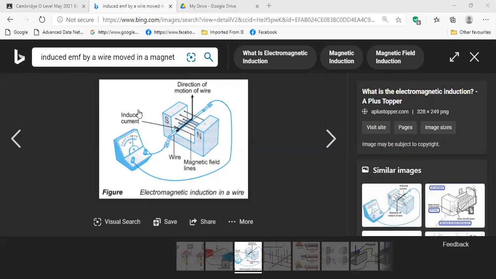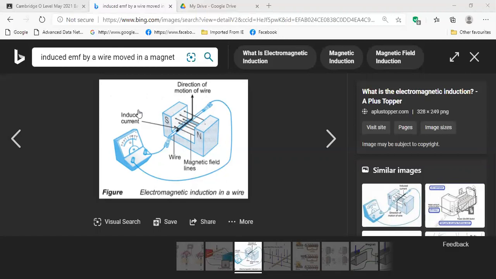And the motion of the conductor, you see, is the direction of motion of the wire. Someone is holding this wire and moving it upwards through the magnetic fields. Then what will happen?